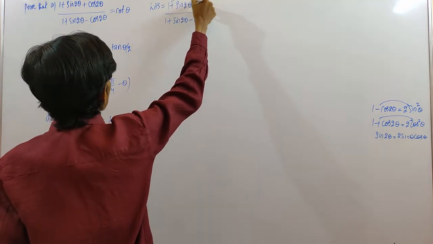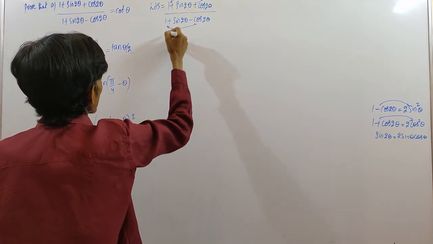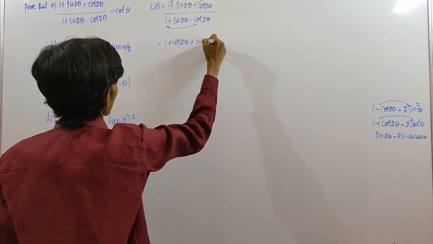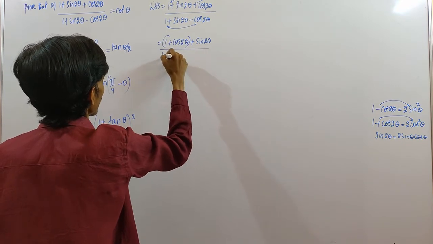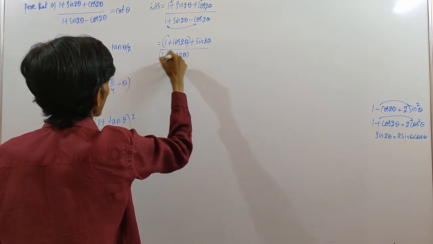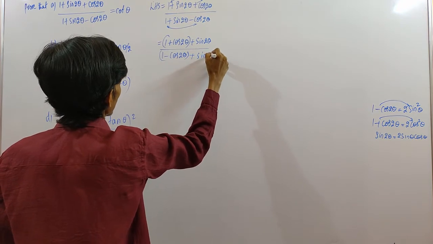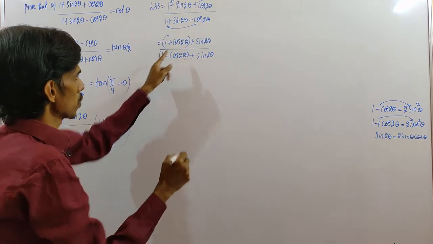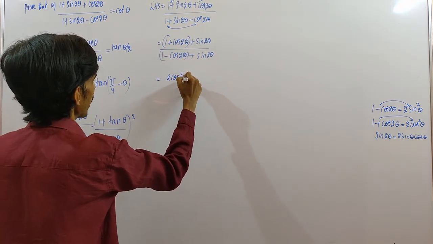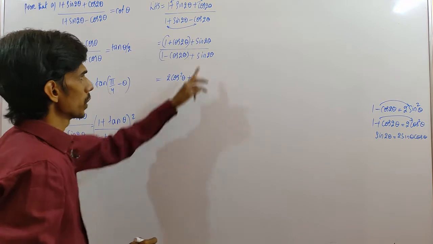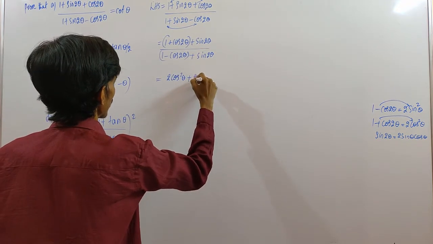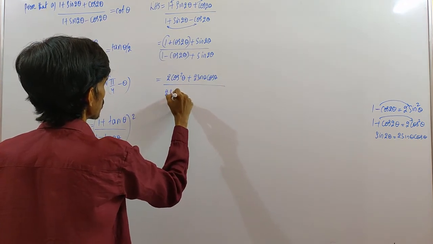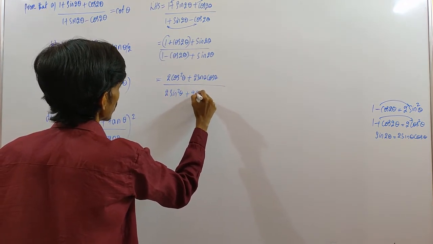So write first and last together, and first and last together: 1 plus cos 2 theta plus sin 2 theta divided by 1 minus cos 2 theta plus sin 2 theta. 1 plus cos 2 theta is 2 cos square theta, plus sin 2 theta is 2 sin theta cos theta, divided by 1 minus cos 2 theta which is 2 sin square theta, plus 2 sin theta cos theta.